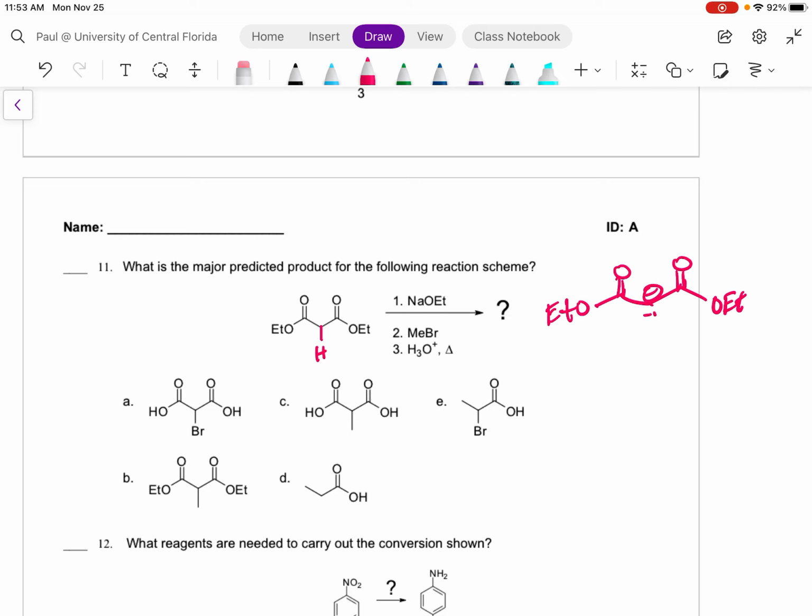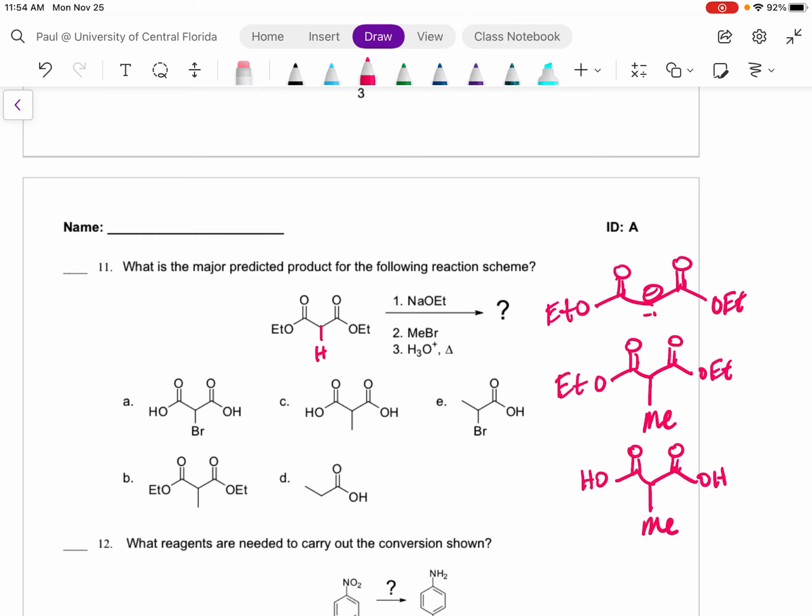Then we'll treat that with the methyl bromide. So we'll put the methyl there. And then adding acid is going to hydrolyze the esters into carboxylic acids.